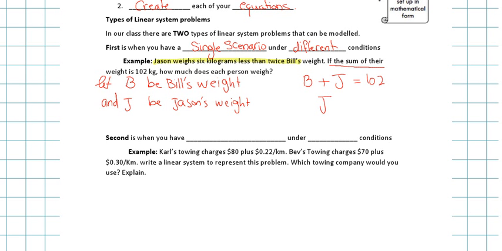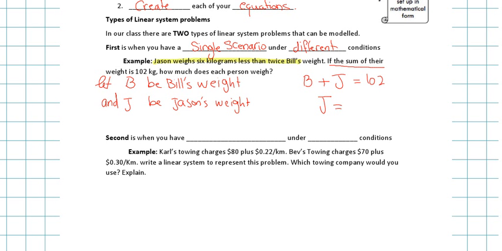So Jason's weight is 6 kilograms less than twice of Bill's weight. If Bill's weight is B, then twice Bill's weight is 2B. So Jason's weight is equal to what? Twice Bill's weight minus 6, yes, right? Because it's 6 less than.